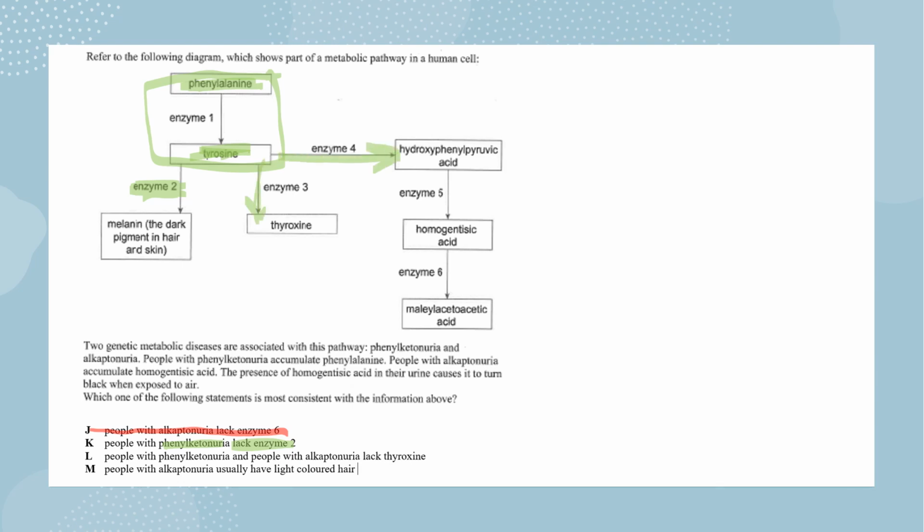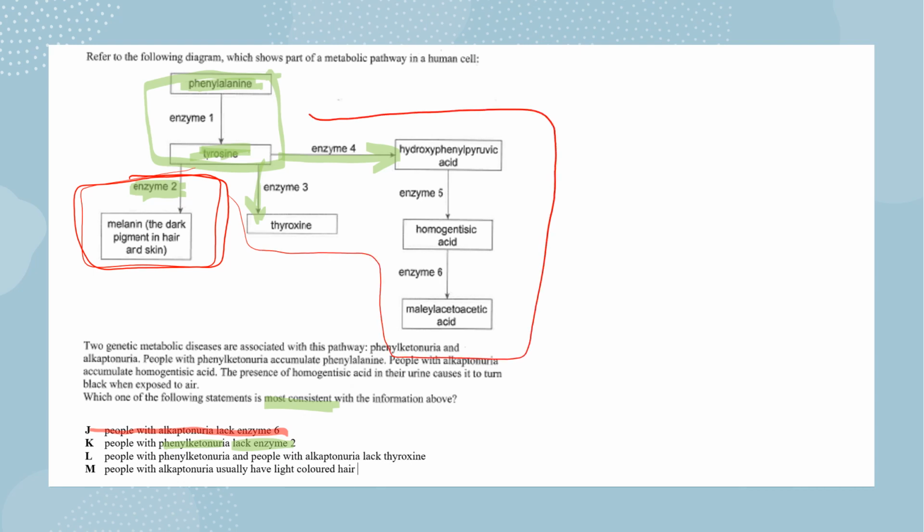So I'm going to rule that one out, because we're not going to get a build-up. Yes, enzyme 2 is not working, but that is kind of like a side metabolic pathway. The rest of this whole pathway can take place even without enzyme 2 functioning.